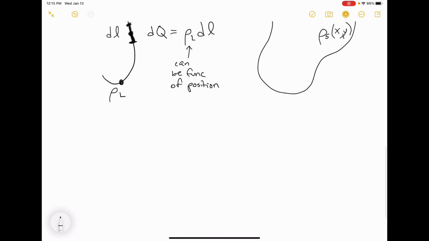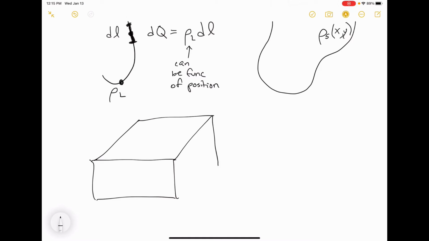Again, in the same way, let's say we've got a volume. I'm drawing a cube because I'm best at drawing a cube. I'm not an excellent sketch artist or anything. And I want to know how much charge is in this differential volume element at position r prime.